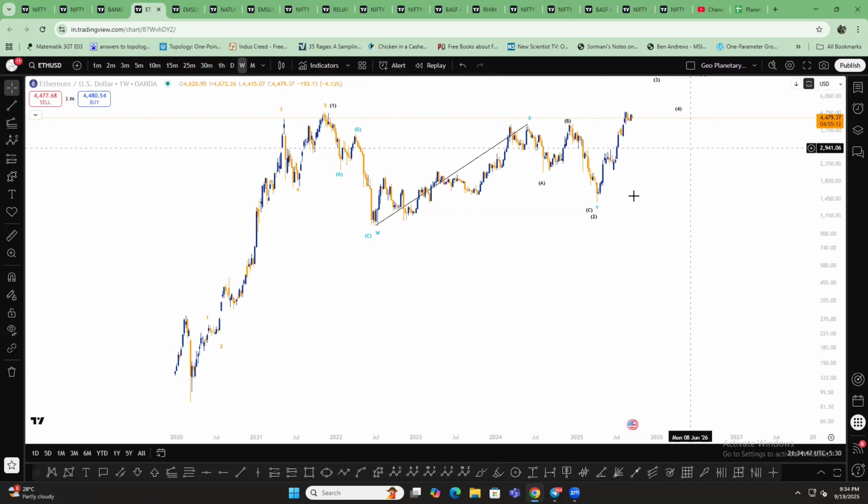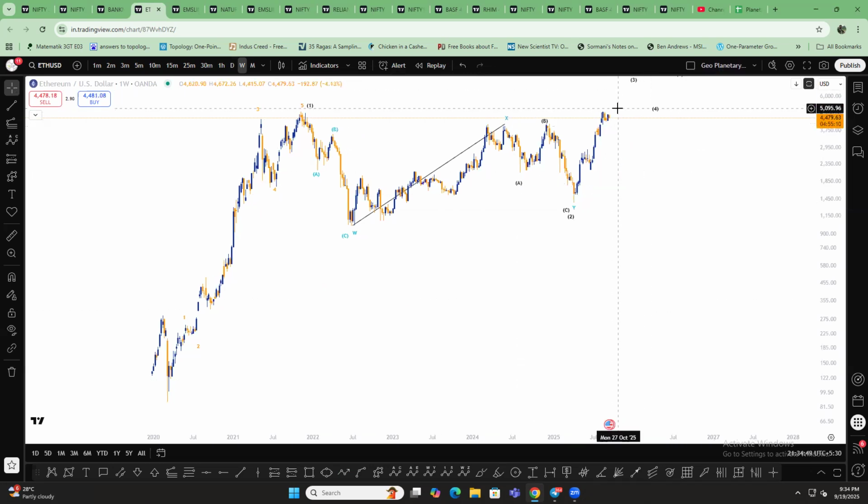Now see the movement. See the nature of the price action, right? It's fast. So this is actually the start of wave 3. Okay. If this high crosses and gives a weekly breakout, then it is confirmed that we are in wave 3 in Ethereum.